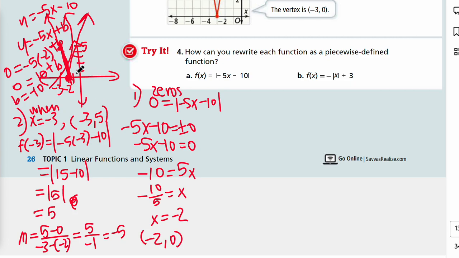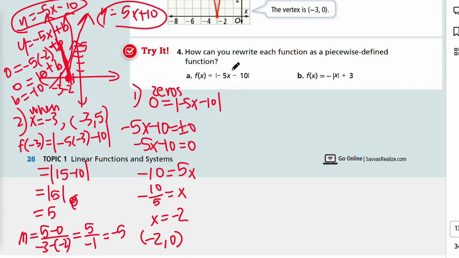And then you will figure out another point that's on this graph. And using those two points, negative 2, 0, and the other point, you will figure out the other slope, which is positive 5. And you'll figure out the other y-intercept, which is positive 10. And so your first equation is this, and your second equation should be 5x plus 10.